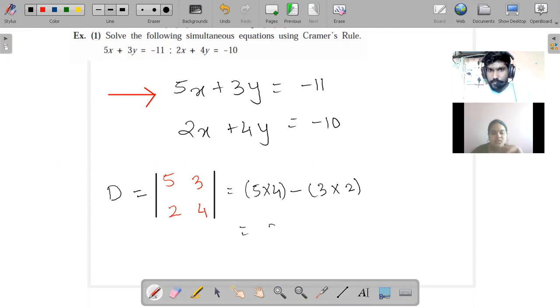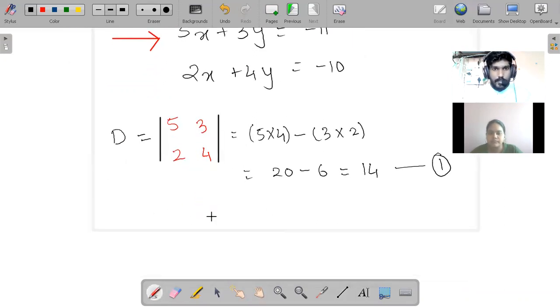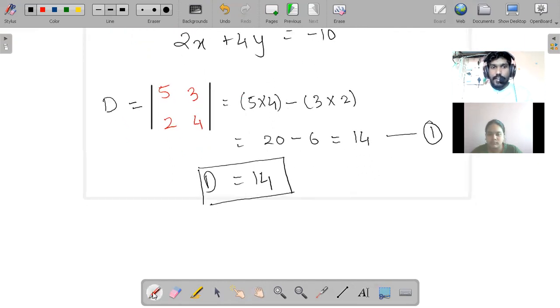So 20 minus 6, which is 14. So your D is 14. Now, next we have to find dx.